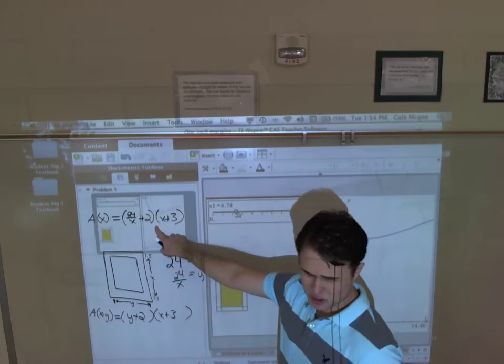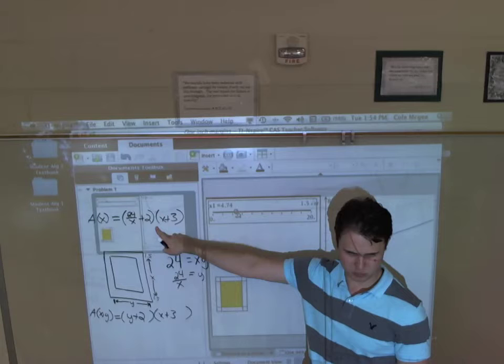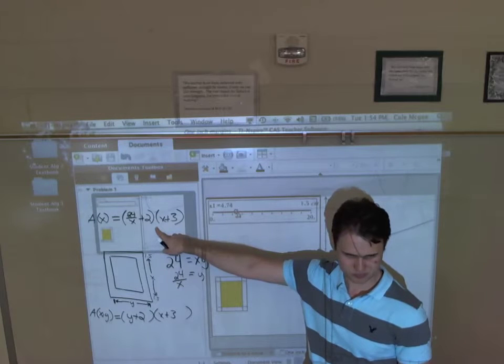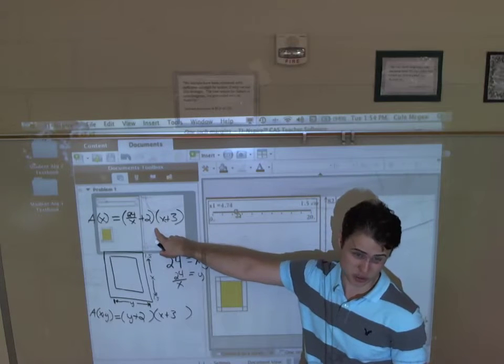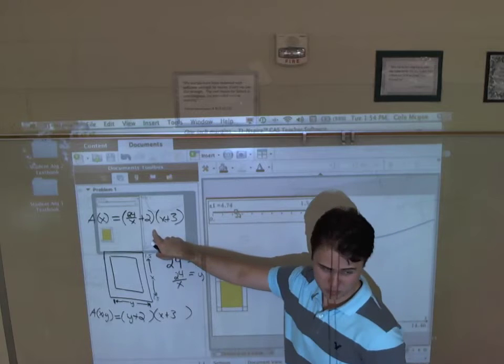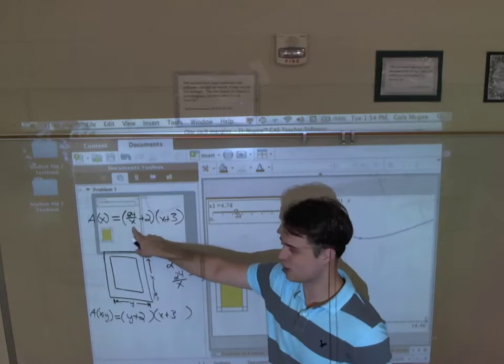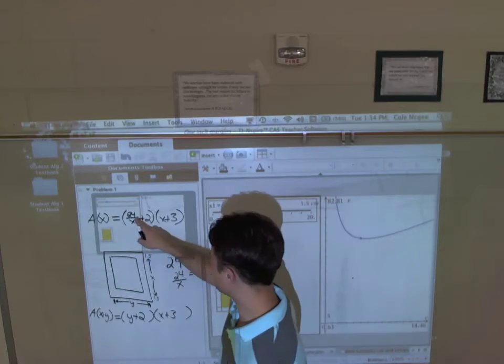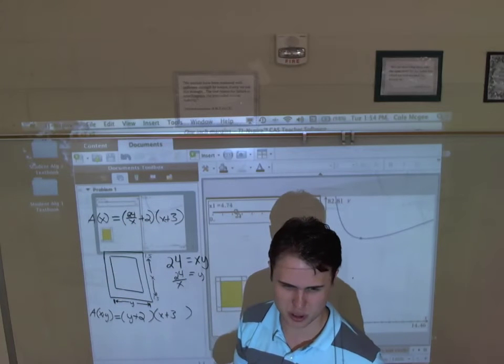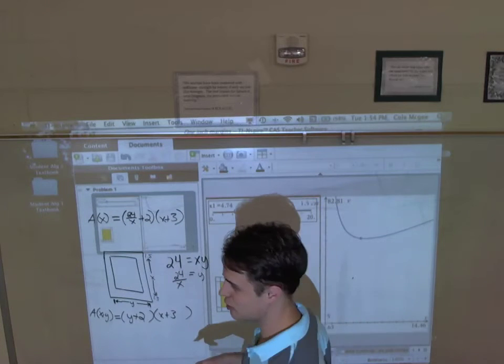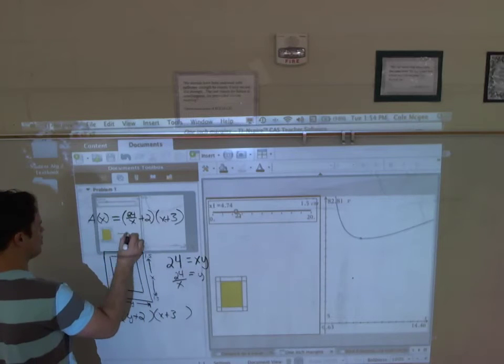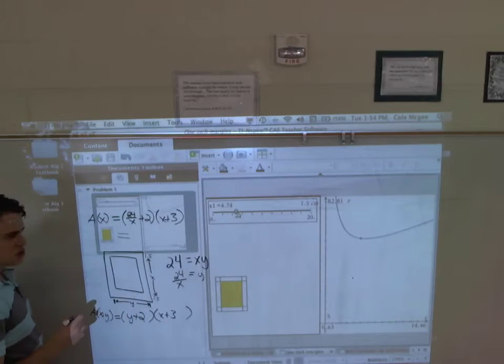So should I take the derivative straight out? Just take the derivative of A? You could. But what would you have to use? The quotient and product rule. Oh, that'd be ugly. You could at least rewrite that as 24x to the -1, but that doesn't sound very fun. Let's distribute.